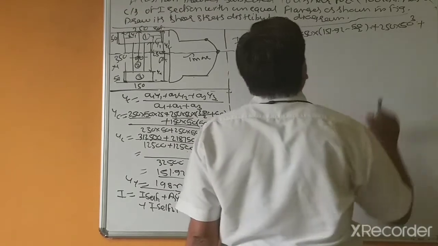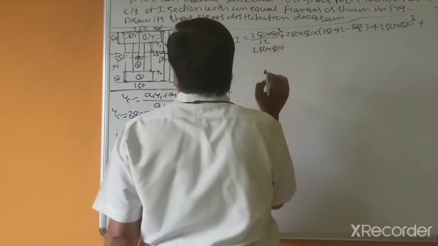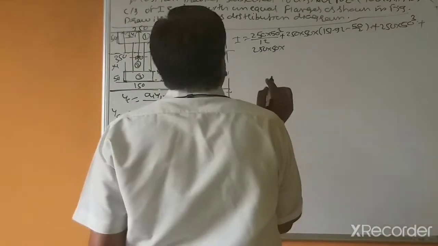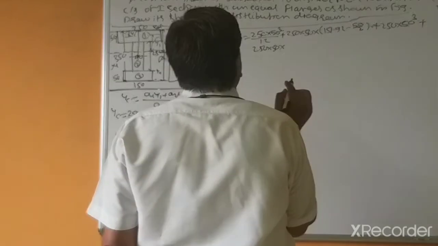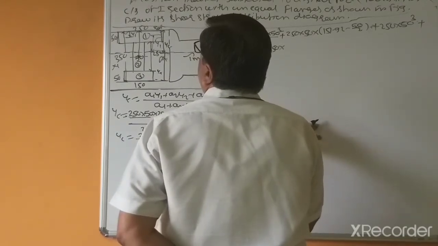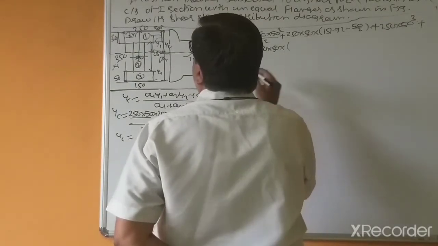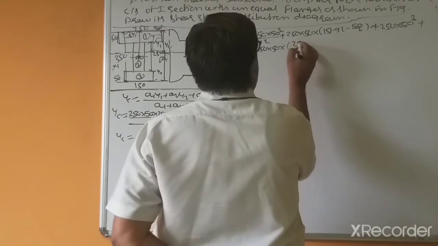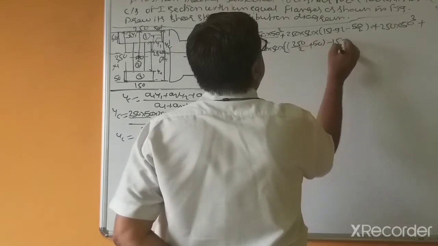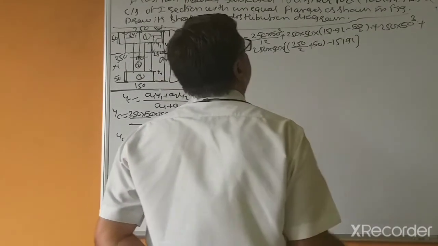Again plus, now 250 into 50, so this is 250 divided by 2 plus 50 minus 151.92, square.